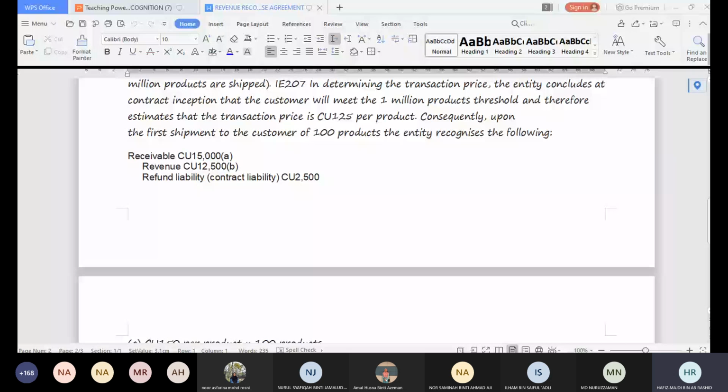That means you will close your refund liability, because the company will not have any more refund liability since the customer has not reached the 1 million threshold. The company will receive the full 150 payment per unit, and you will increase your revenue from 125 to 150. That would be the illustration.